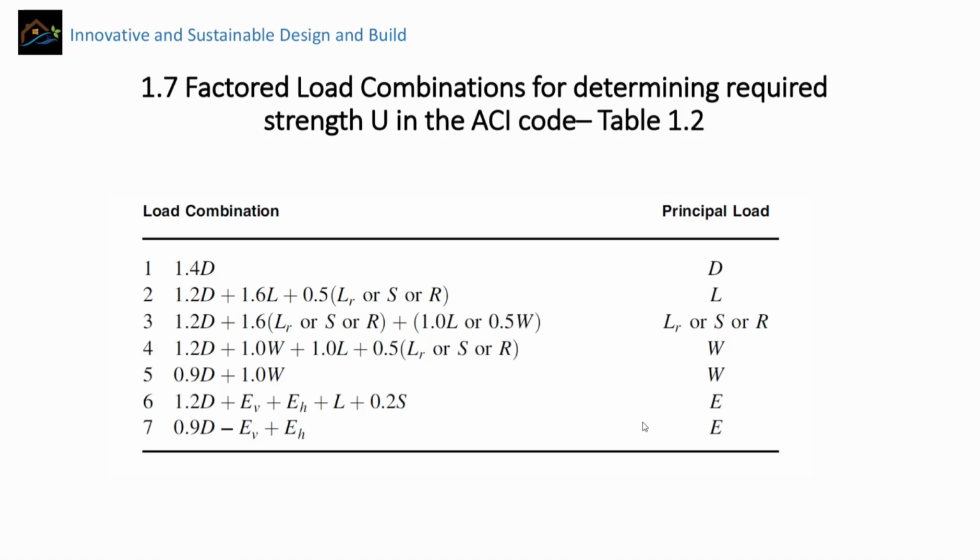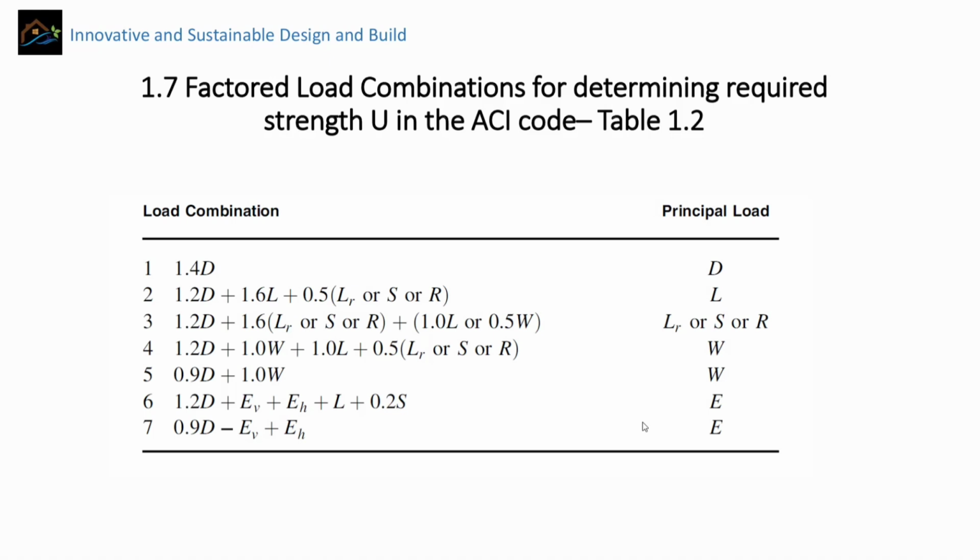For live loads, if present with the dead load, we have 1.2 dead load plus 1.6 live load plus 0.5 if it's a snow load or rain load, and various combinations are used for wind loads and for earthquake loads, as you see in the last two equations.